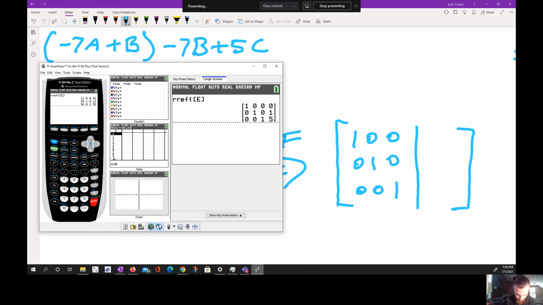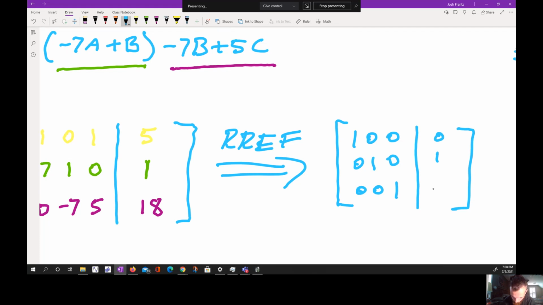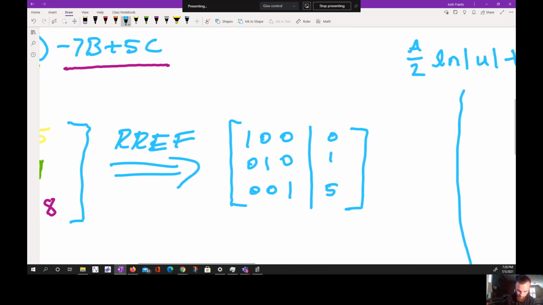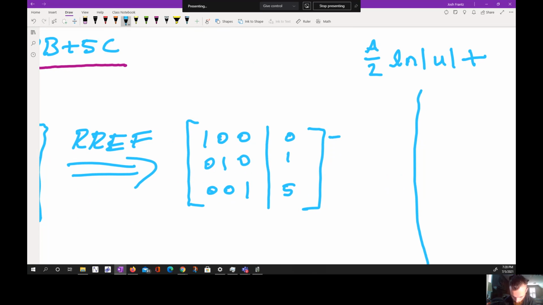And what do we have? 0, 1, and 5. Perfect. And this first one will be equal to A. The second one will be equal to B. Third one will be equal to C.